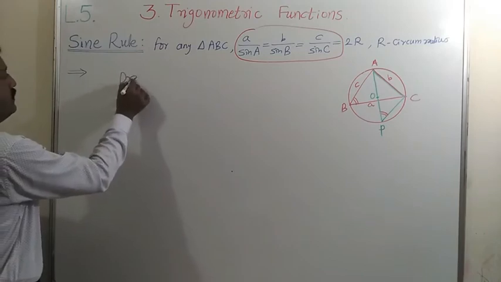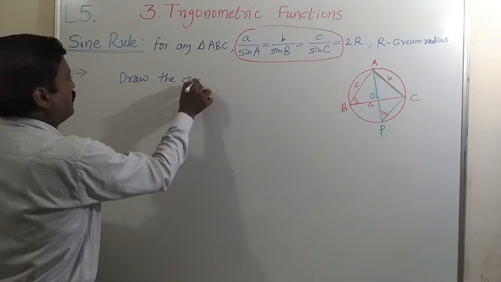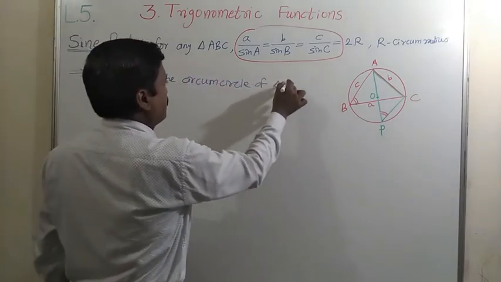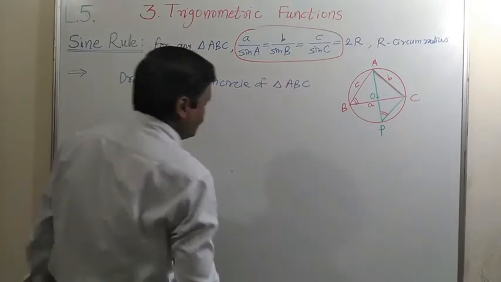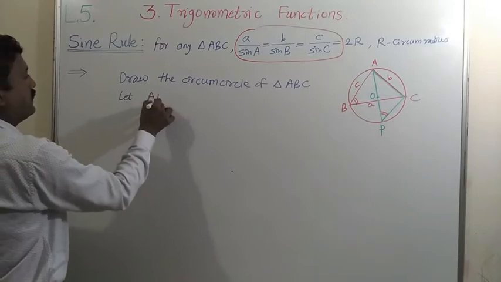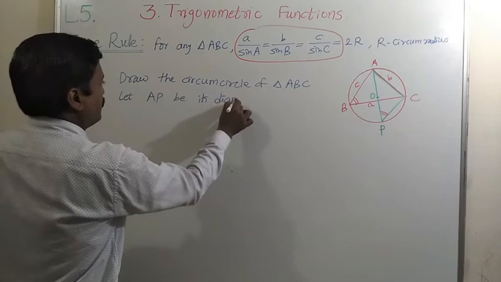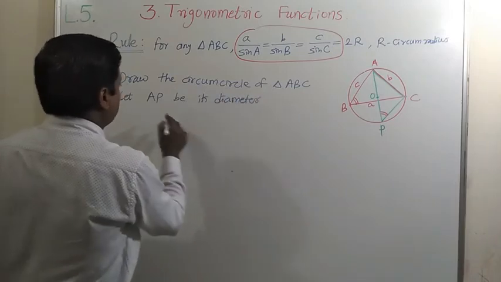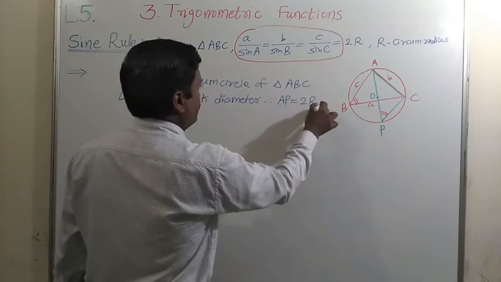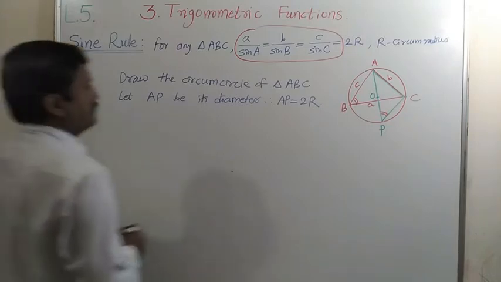Let AP be its diameter. Therefore AP is, obviously, twice the circumradius of that circle. So AP is equal to 2r.